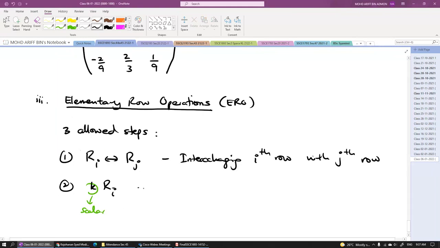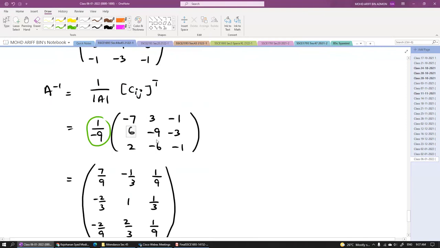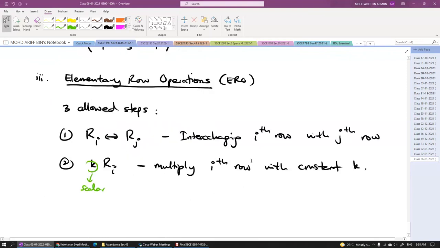It means we multiply row I with constant K, so all elements in row I must be multiplied by constant K. For example, you want to multiply row 2 with constant 3. Now it becomes 18, negative 27, and also negative 9. All elements must be multiplied by that constant K.